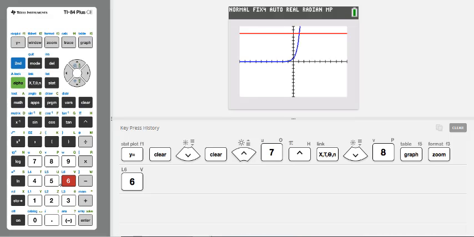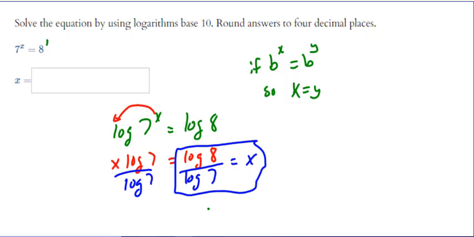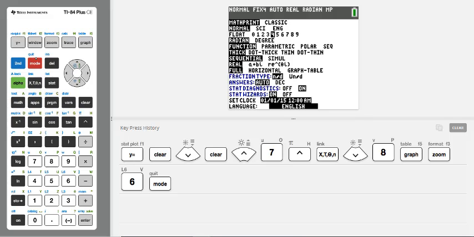All right, when I did that, it showed where they intersect. That's what I'm wanting. Now, I need it to 4 decimal places, right? So let's go over here and hit mode. And I've got it at 4 already. If you don't, just arrow down and go over and make sure you're over the 4 and hit enter. Boom, there you go. You've changed it to 4.